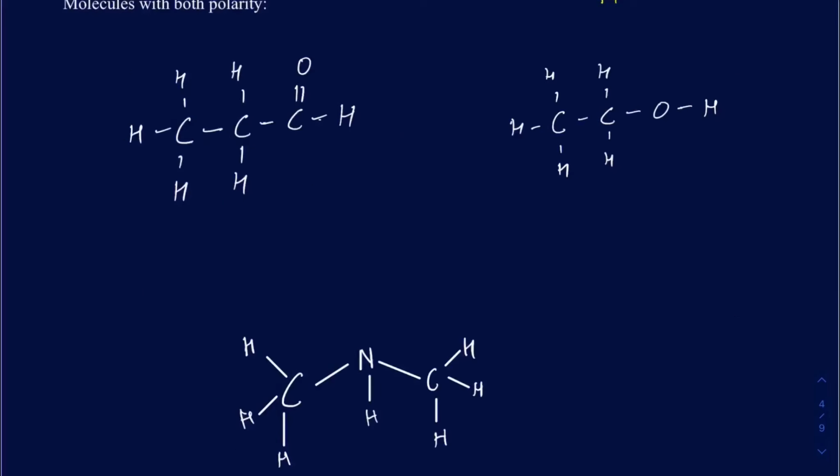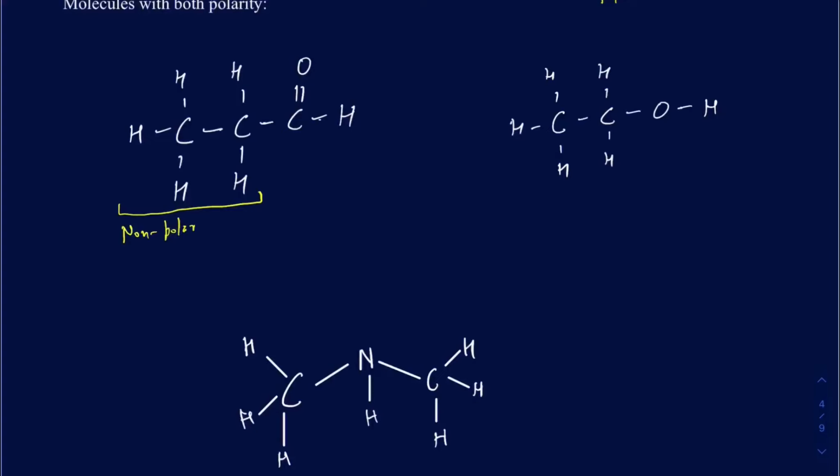Let's talk about what are going to be the polarities of these molecules. So sometimes you could have both: the polar side and the nonpolar side. You can clearly see here, on this left side, all you really have is a carbon-carbon or carbon-hydrogen bond. So this side is actually going to be nonpolar.